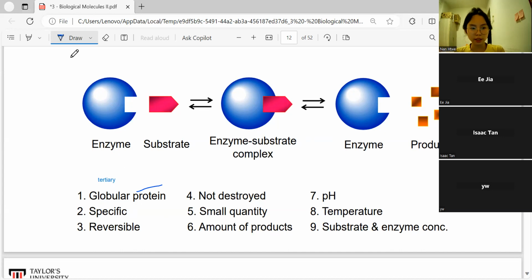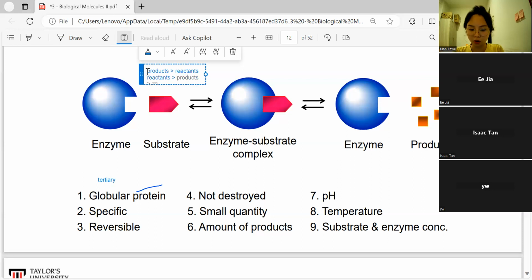And reversible means that the products can go back to reactants. Usually reactants form products, but if it is reversible, the products can also form the reactants. So we use the reversible reaction.